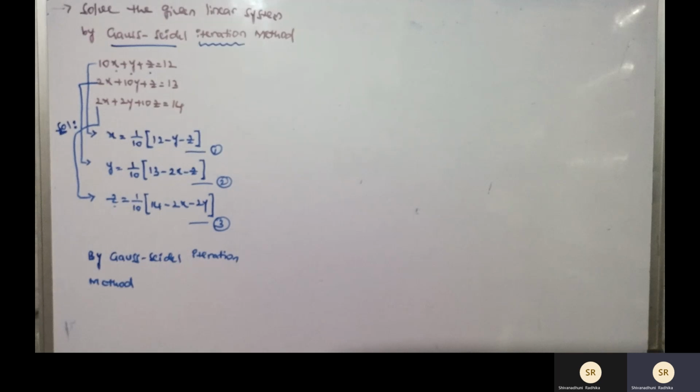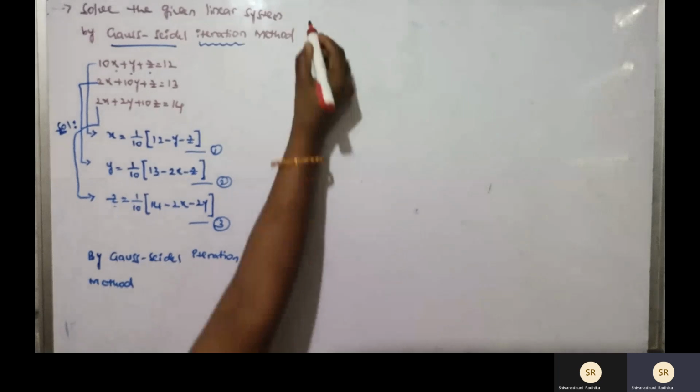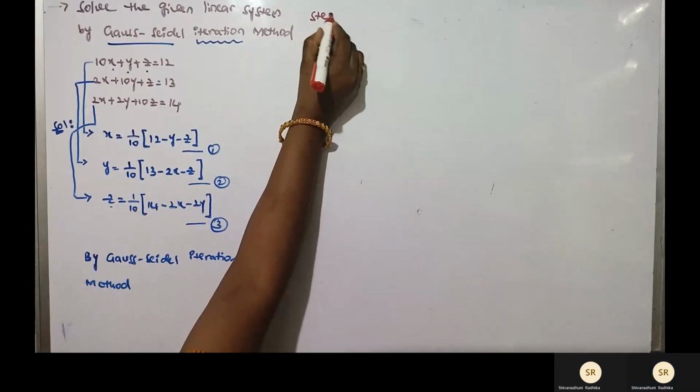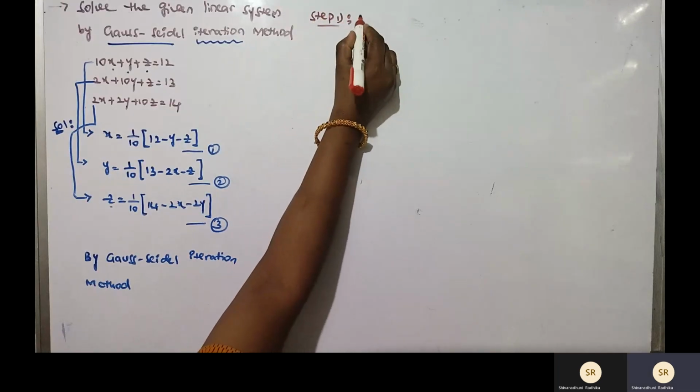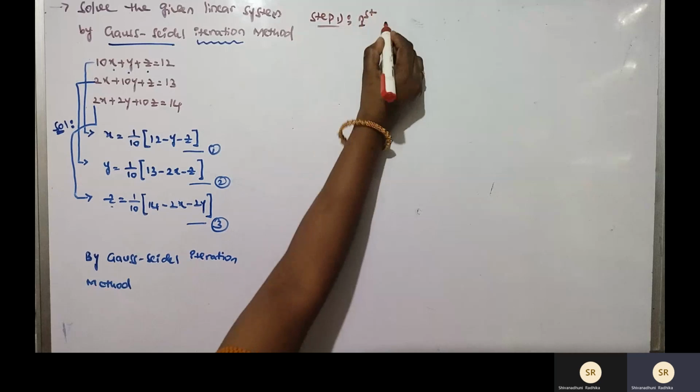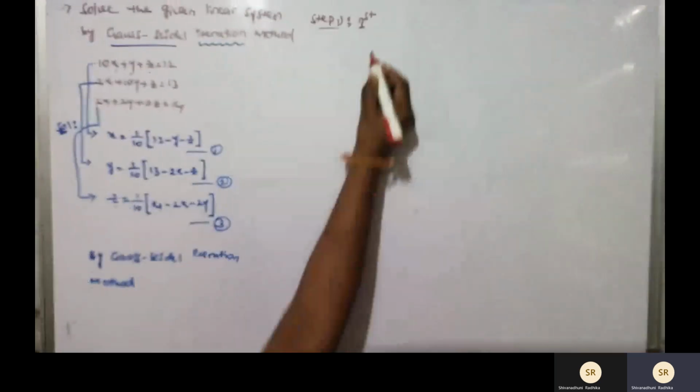The first step is nothing but the first approximation. Write it as step 1, the first iteration or the first approximation.